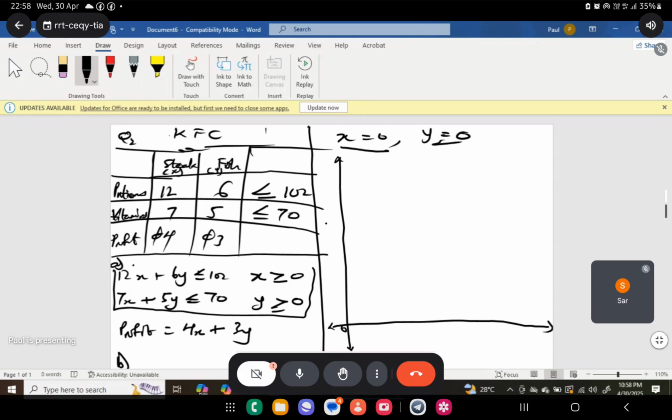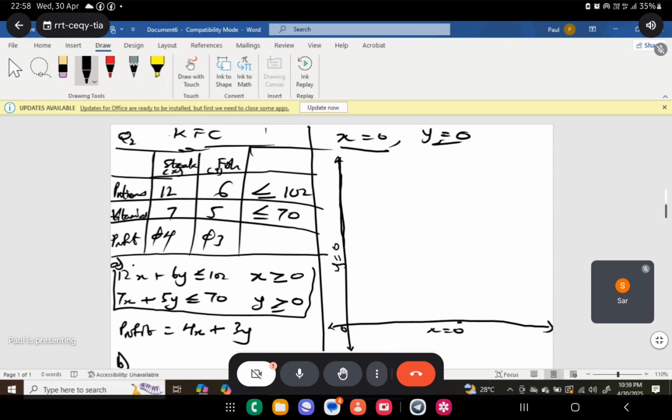So you just write y is equal to 0, x is equal to 0. Now, this means that this line is part of the analysis. And also this one is also part of the analysis. That's what it means. X is equal to 0, y is equal to 0 means that those two lines are part of the analysis.